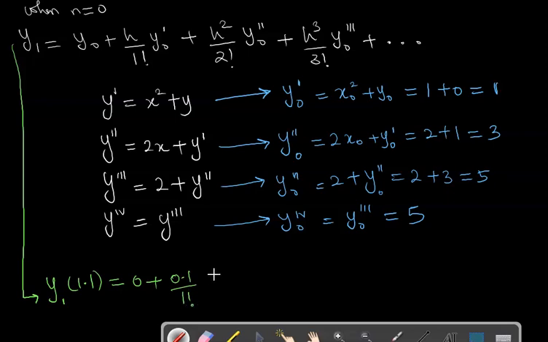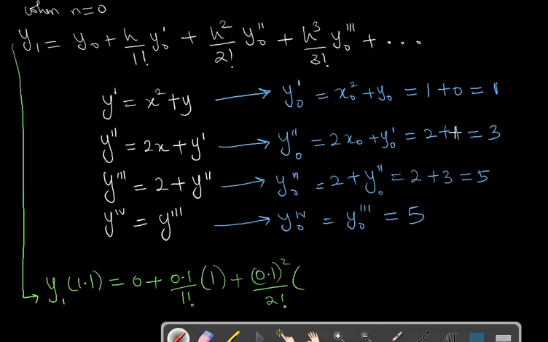The 1 factorial is 1. So what we got here is 1 plus h squared, that is 0.1 squared divided by 2 factorial, multiplied by this.